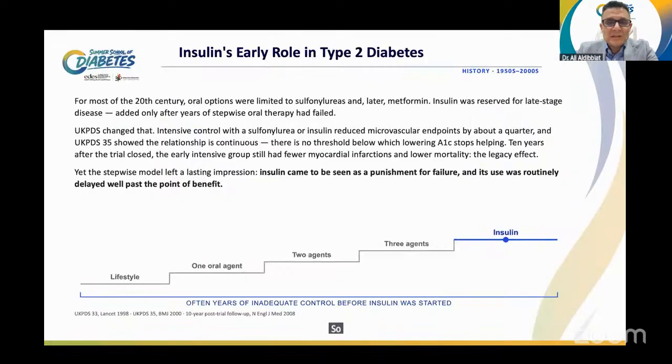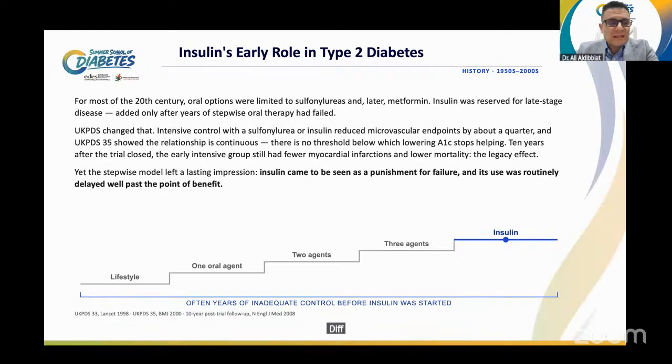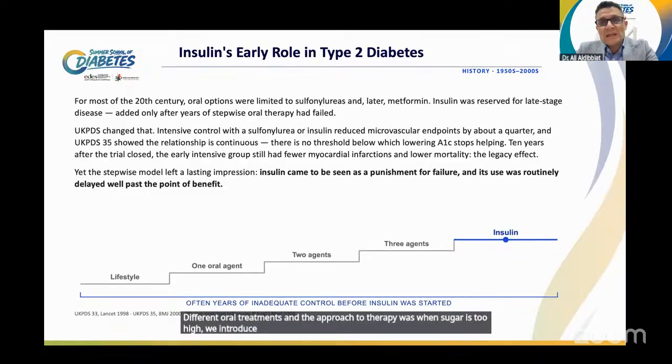So insulin is not new. It's been with us for over 100 years. But unfortunately, because of inertia, because of fear of injection, and because of legacy, it has been associated with end stage. People used to have different oral treatments, and the approach to therapy was, when sugar is too high, we introduce another medication rather than keeping people at target. And when they are drifting off target, we intensify therapy.